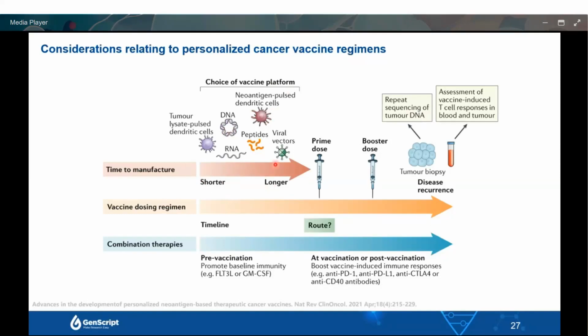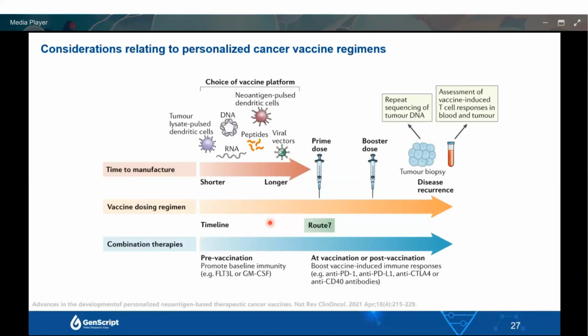It's a personalized vaccine, so the patient is waiting for us. The time of manufacture is very important to evaluate, and also the vaccine dose, like do you need a booster dose, or after disease recurrence, whether you still need one more dose. So vaccine dose is another consideration.